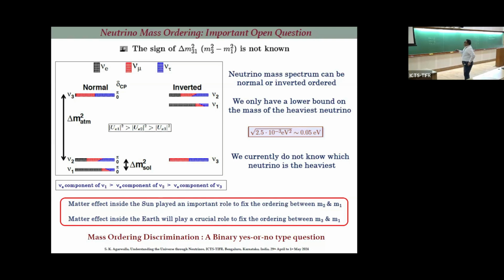Here, from this picture, you can immediately see that we only have a lower bound on the mass of the heaviest neutrino, because if you assume that my M1 is, say, 0, then you can calculate the value of M3, the lower bound on the heaviest mass eigenstate, which is around 0.05 electron volt. Neutrino oscillation is sensitive to the atmospheric mass square difference, not the absolute mass scale, right?